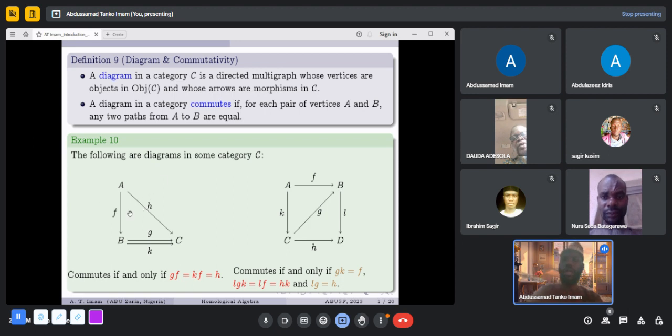If you are to travel from any vertex to another vertex, whichever route you take, it should give rise to the same composition.